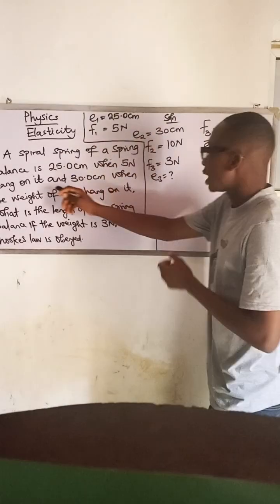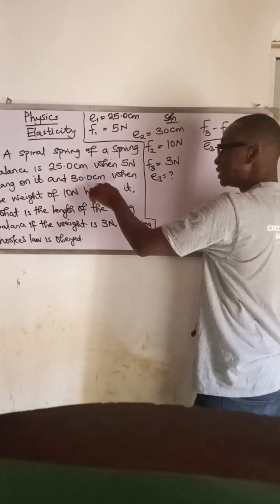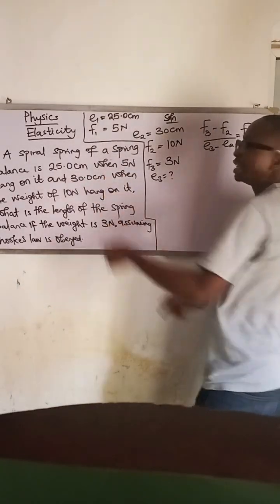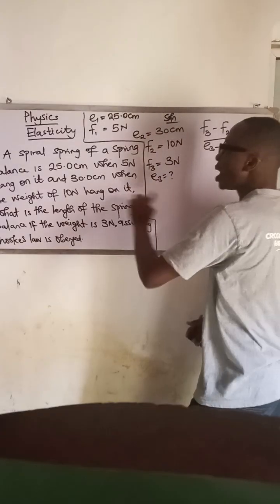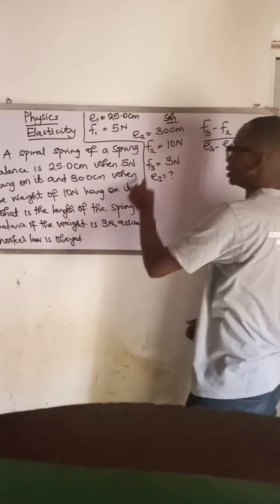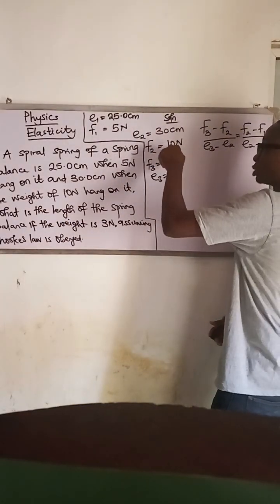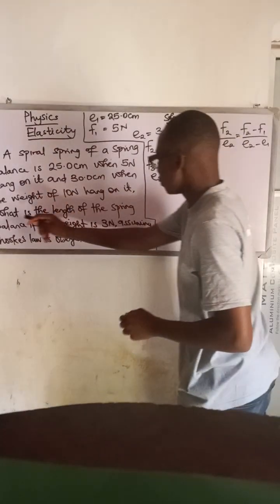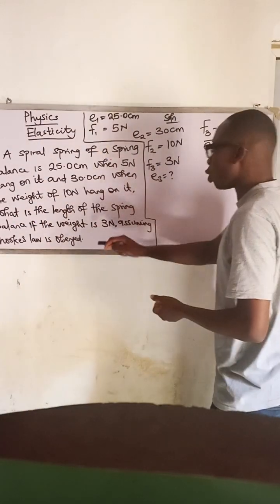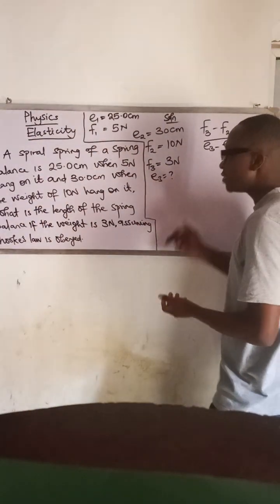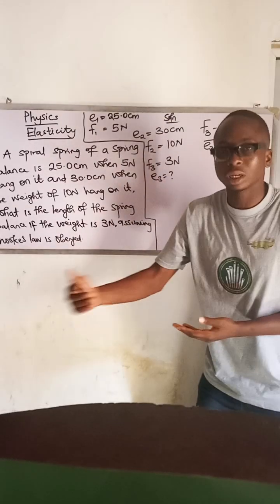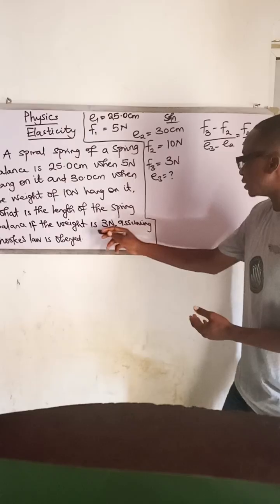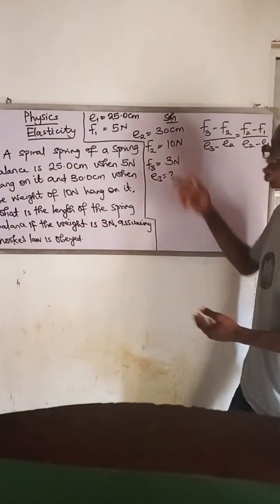Then 30 cm is E2, the second extension, when the weight of 10 Newton hang on it. The second force is 10 Newton. What is the length of the spring balance if the weight is 3 Newton? They're asking us for the third extension, or E3, if the weight is 3 Newton.